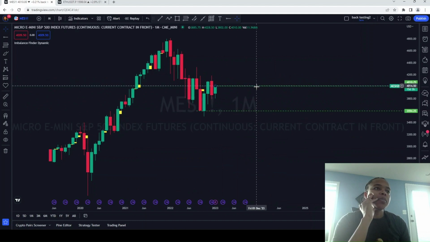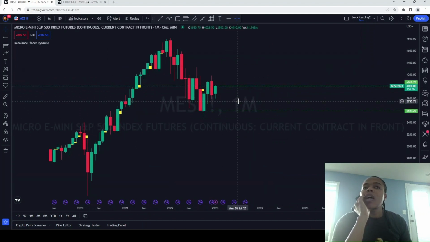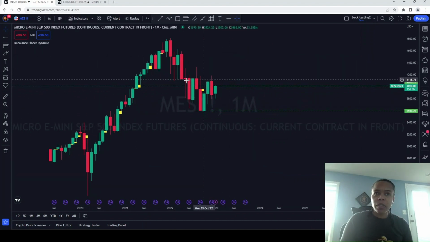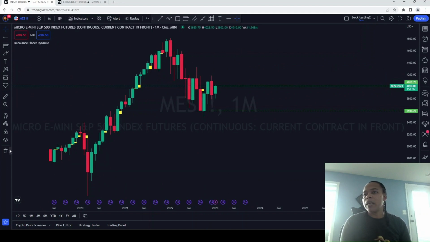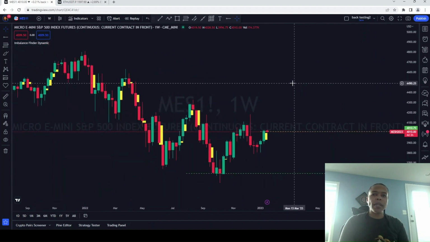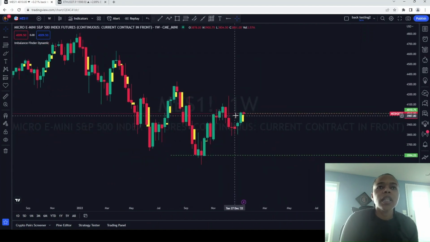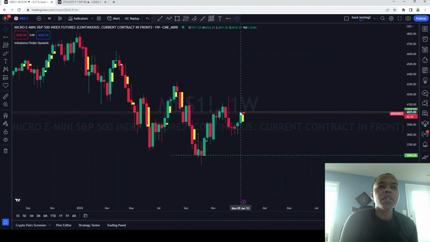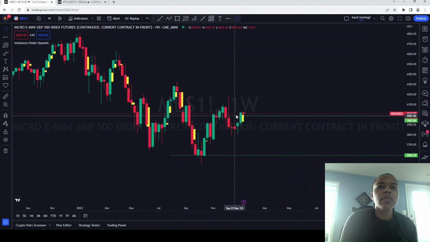That's a nice little range to play with. But we're looking for specific things, so maybe I don't want to clutter up my chart. Let's go down to the weekly and see what we can see in here. Then we can adjust our levels. So I'm going to adjust this up.